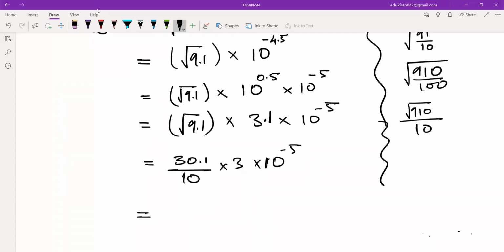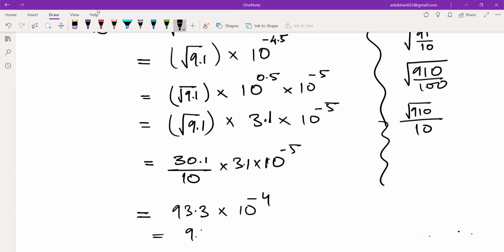So we have, can you calculate this and tell me what is the answer? 3.1 into, so it'll be somewhere around 93.3 into 10 to the power minus 4.